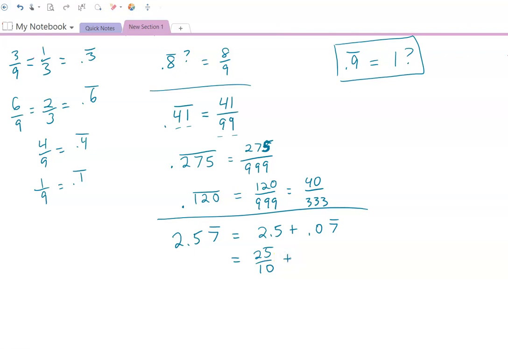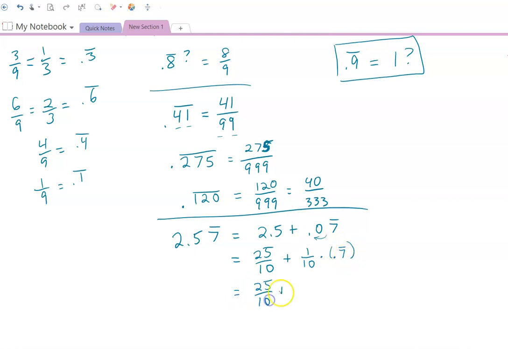And don't worry about reducing it because we need to add things together first. Okay, so 25 over 10. And then this right here is 1/10 times 0.7 repeating. Okay, because multiplying by 1/10 makes the decimal move to the left one.